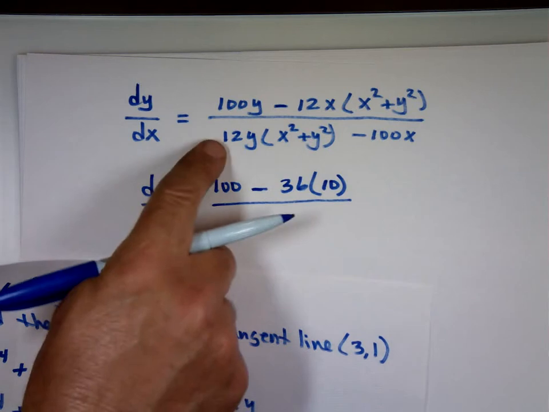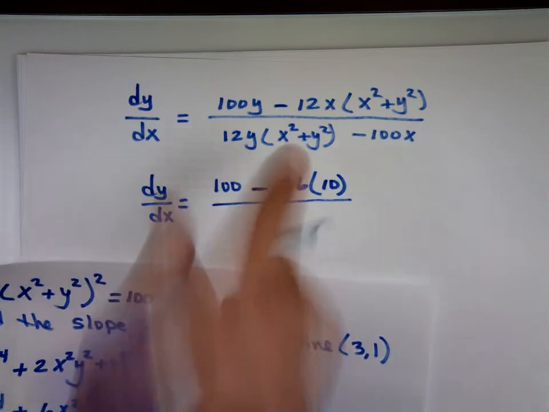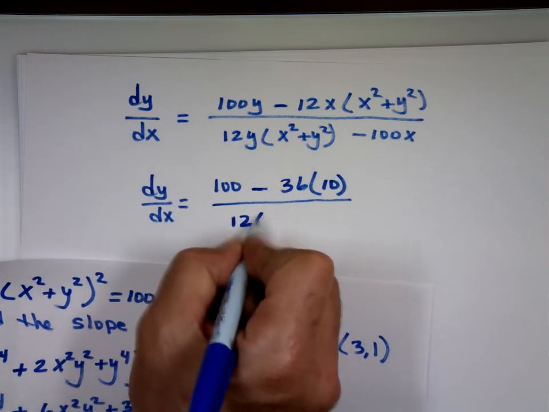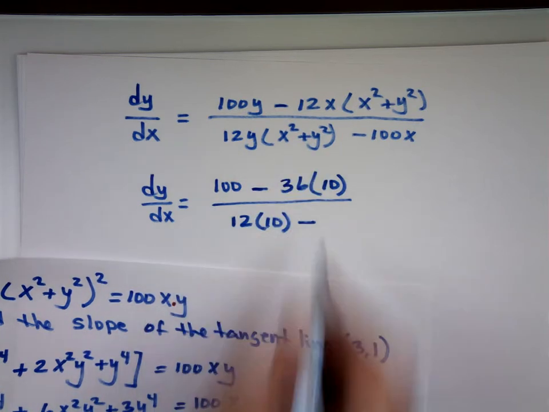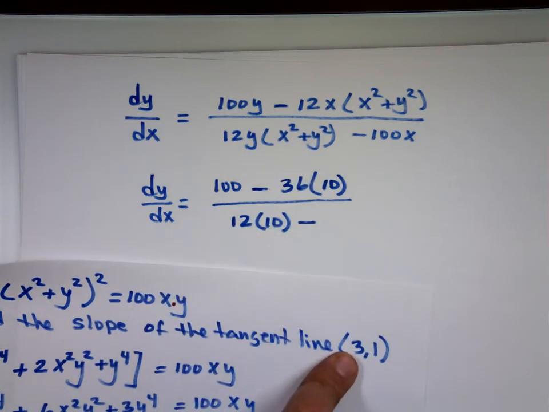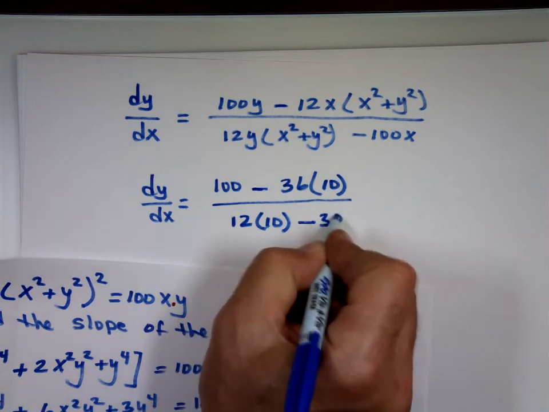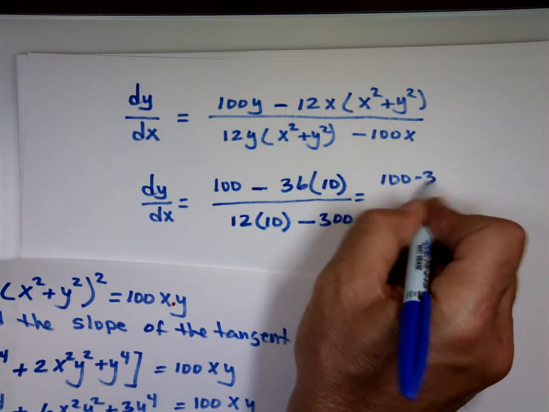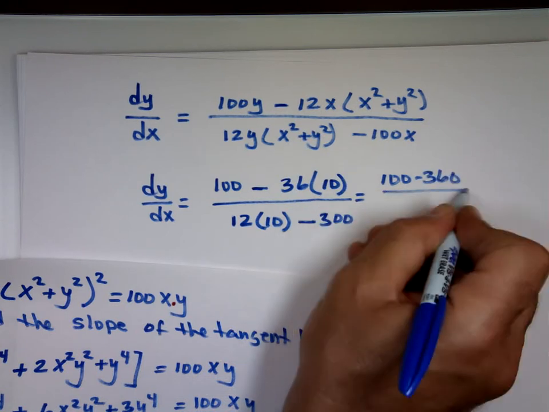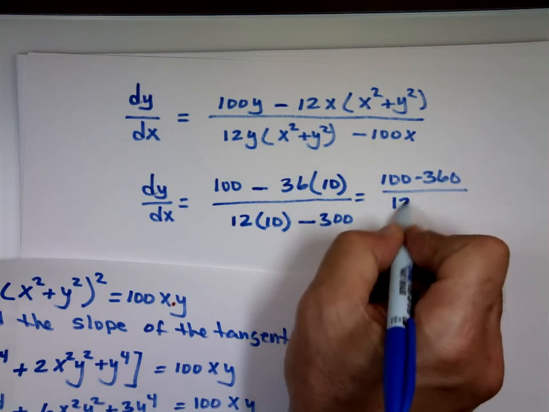12y. y is 1. 12 times 1? 12 times what? 10, minus 100 times 3, which is 300. So we have 100 minus 360 over what? 120 minus 300.